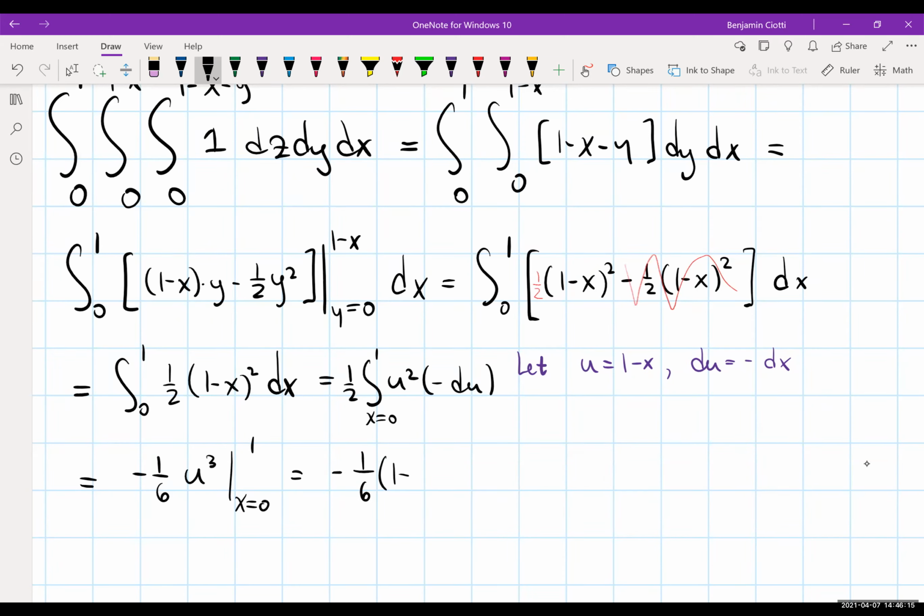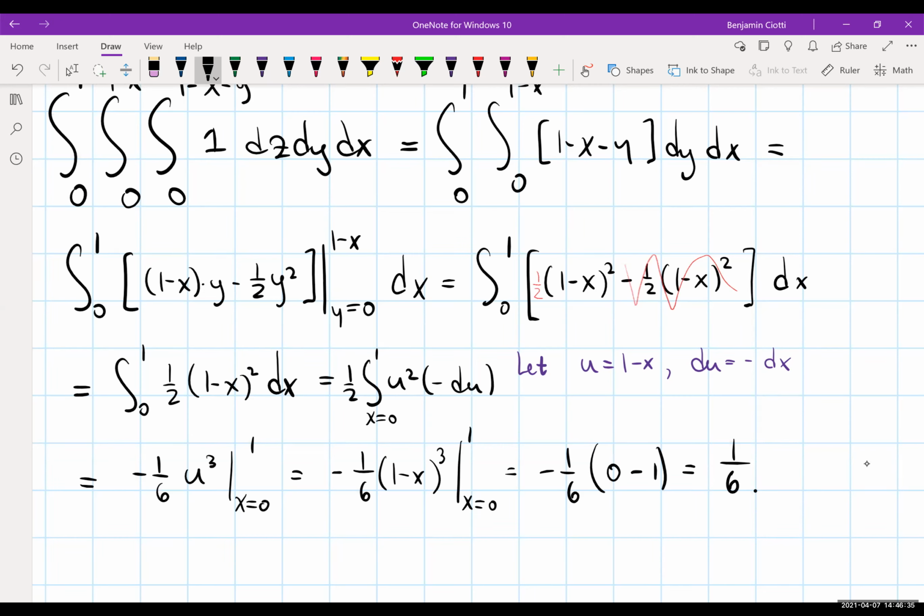Which is negative 1/6, 1 minus x to the third, from x equals 0 to 1, which is negative 1/6 times 0 minus 1, which is 1/6. Okay, we got the volume.